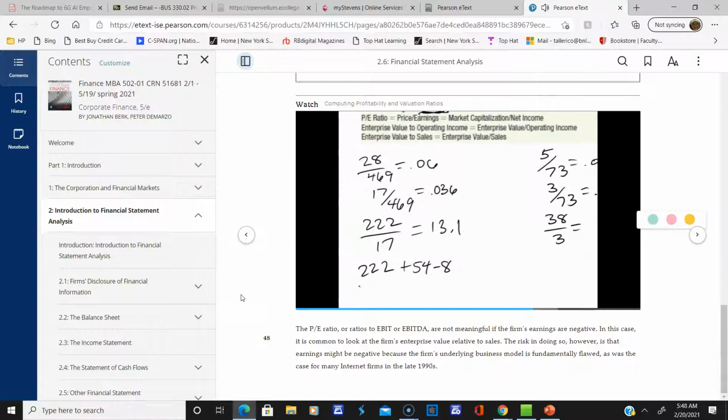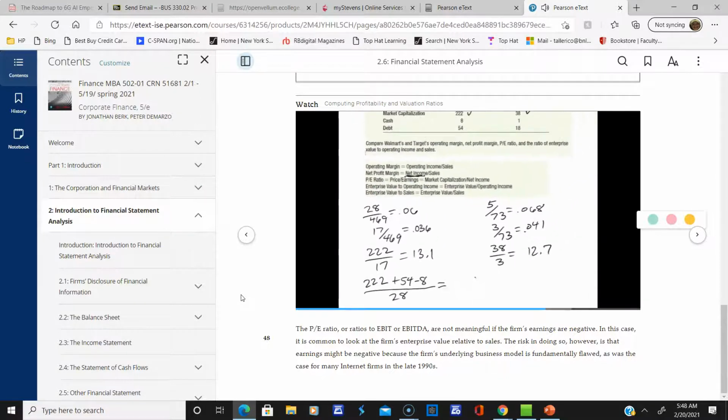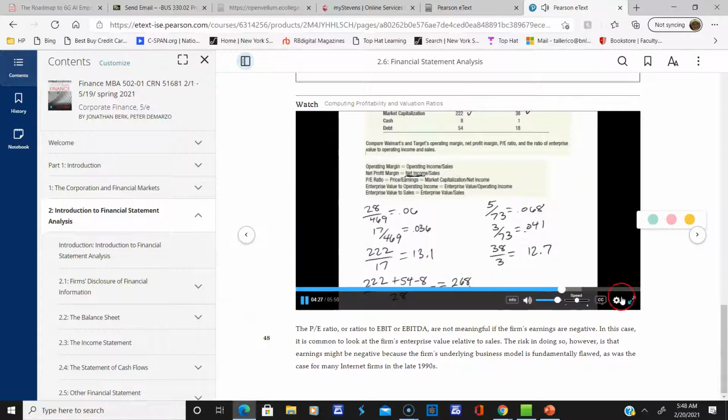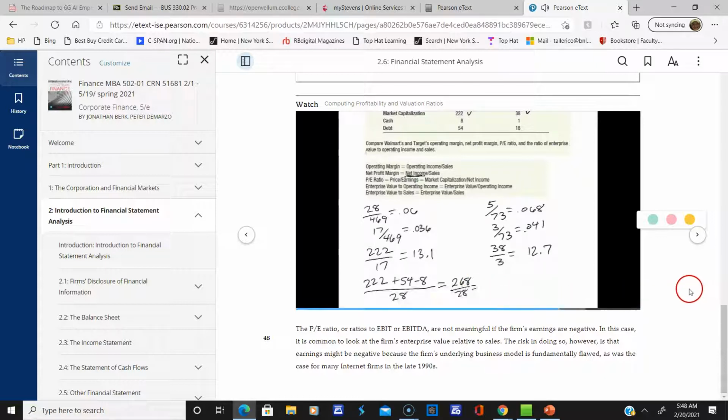That's the enterprise value. And then we've got the operating income, which is 28. So remember, the idea of the enterprise value is to give you a sense of the value of the business net of the cash that it's holding. So 268 is what we have on top, and when we divide it out 28, we get about 9.6.